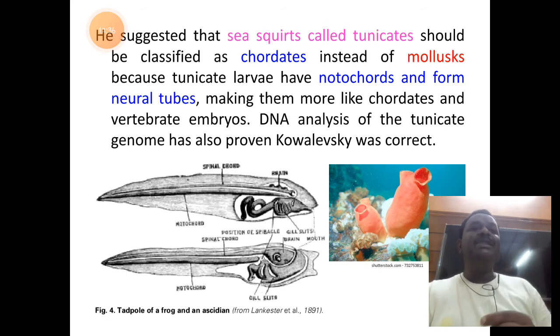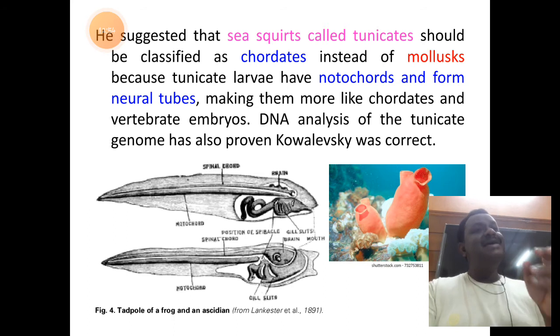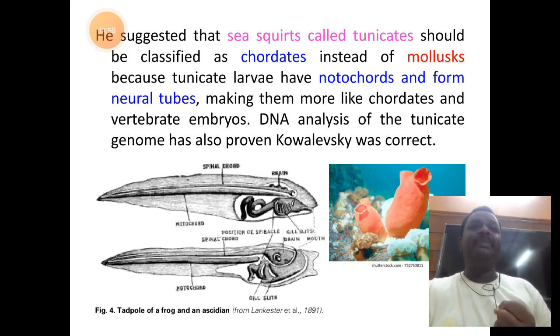For example here, initially the sea squirts, also called tunicates, were placed under phylum Mollusca. The reason was the adult showed a very soft body like that of a mollusk.